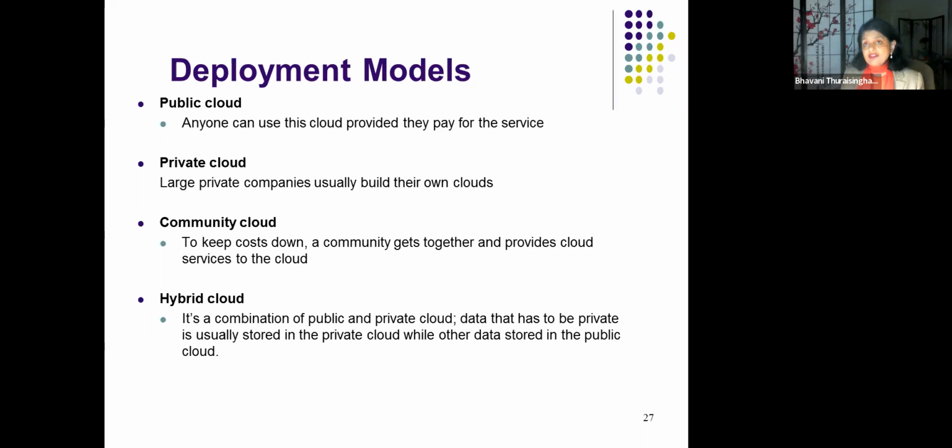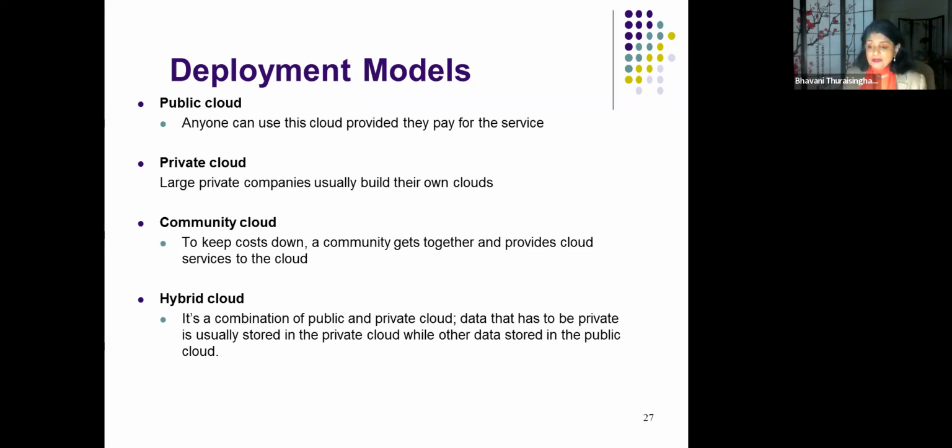But not everyone is wealthy enough to have their own cloud. So smaller companies, startup companies, and so on, can all get together and build a community cloud. To keep costs down, a community gets together and provides cloud services to the community, not to the cloud, to the community. And then the hybrid cloud is a combination of public and private, right?